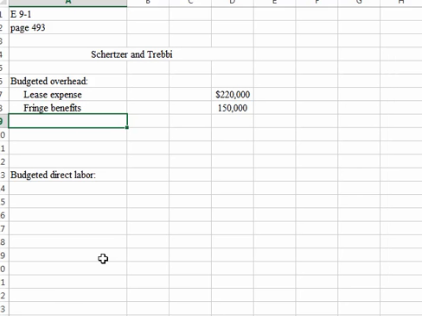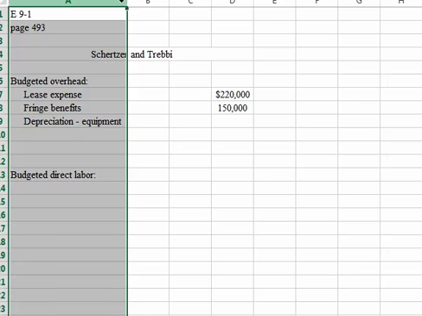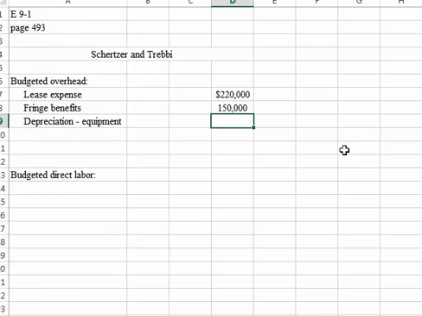After fringe benefits, we'll list depreciation on equipment. It is an expense. And that was $50,000.